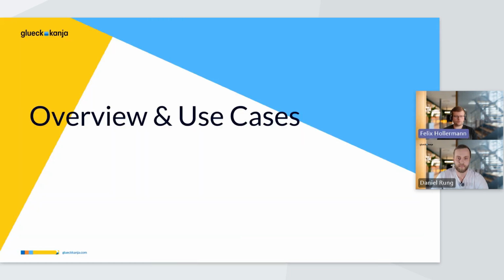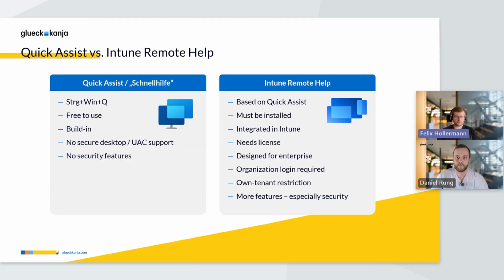So, the overview and use cases of Intune Remote Help. First of all, there's a thing to clarify. There is a tool named Quick Access, or in German Schnellhilfe, and Intune Remote Help. The Quick Access tool is the built-in remote help version for consumers.